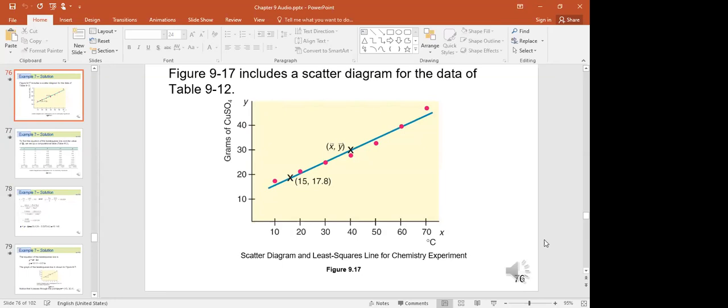So what is the test value here? 11.42. What is the p-value? 0.00008. Wow. Yeah, that's right.